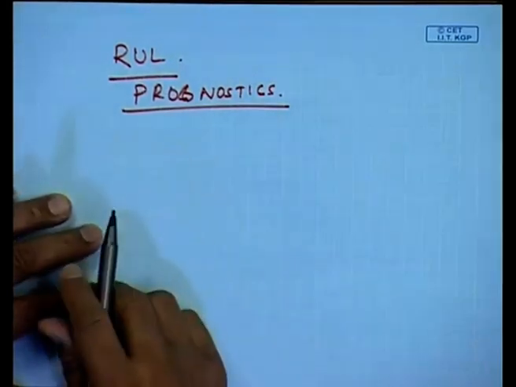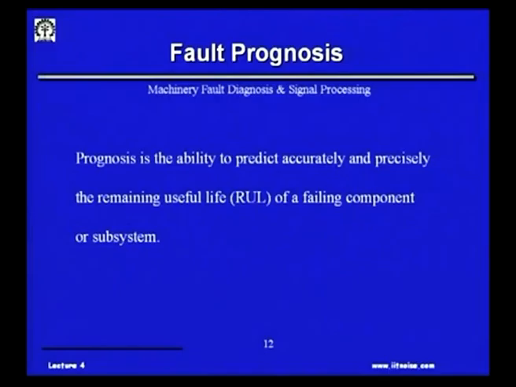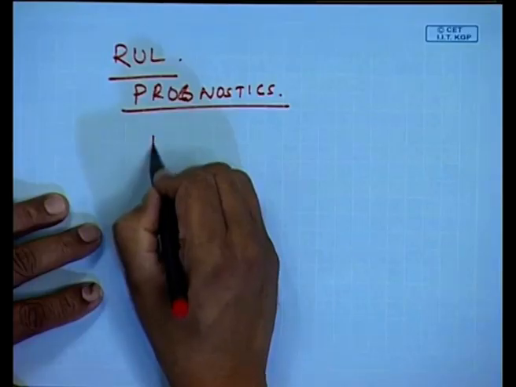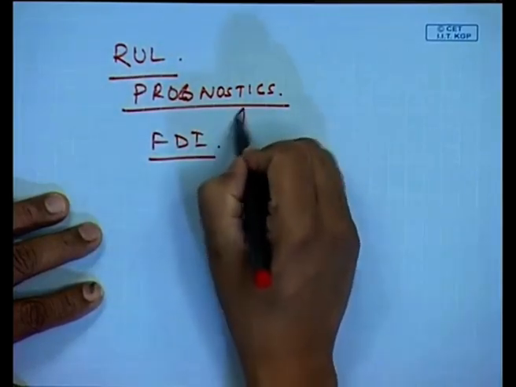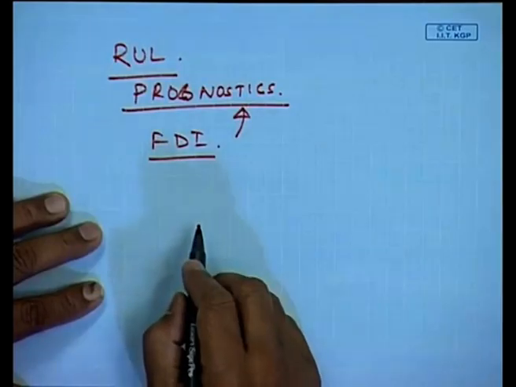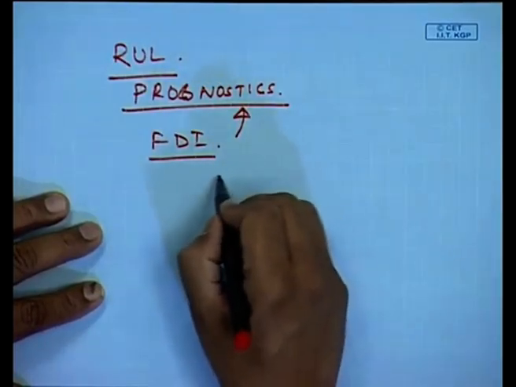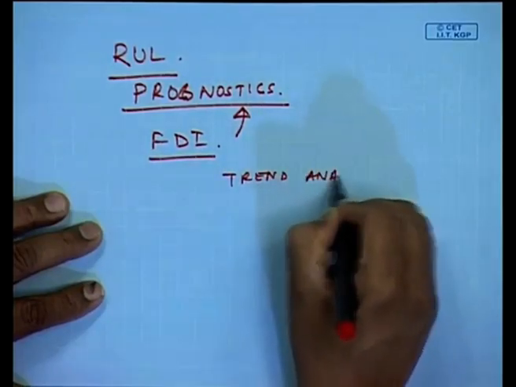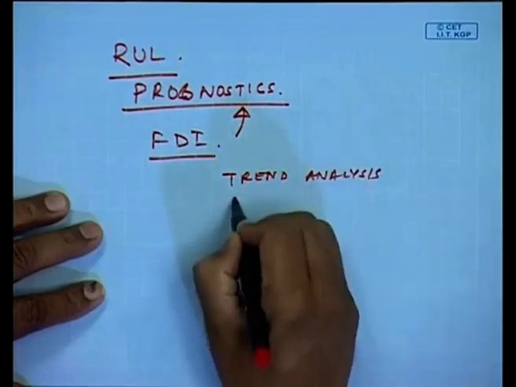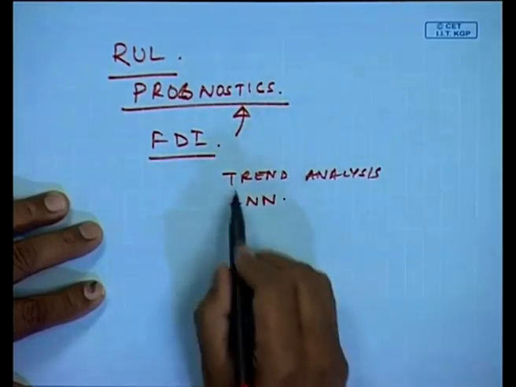Prognosis is the ability to predict accurately and precisely the remaining useful life of a failing component or subsystem, because once the fault has been detected and isolated, the next question is prognostics to estimate the remaining useful life. And mathematical tools like trend analysis, artificial neural networks, etc. could be used to predict RUL.